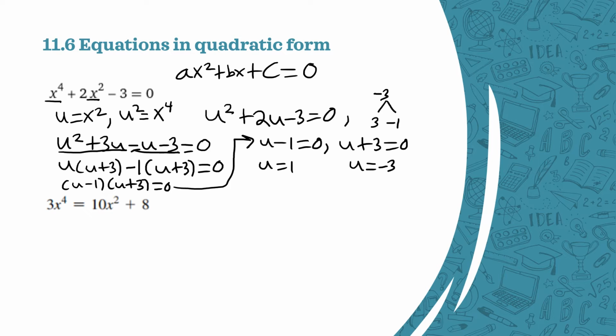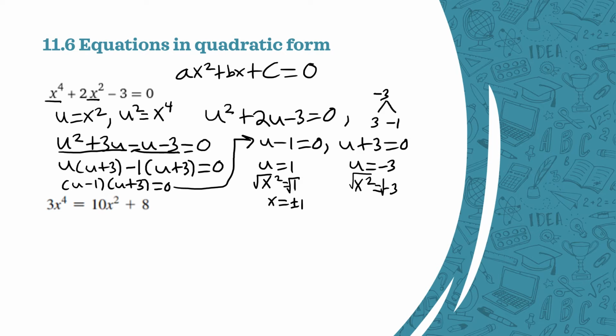But remember, I'm trying to solve for x, so now I want to substitute what my u value is. u is x squared. So x squared equals 1, and x squared equals negative 3. I take the square root of both sides here. I get x equals plus or minus 1.